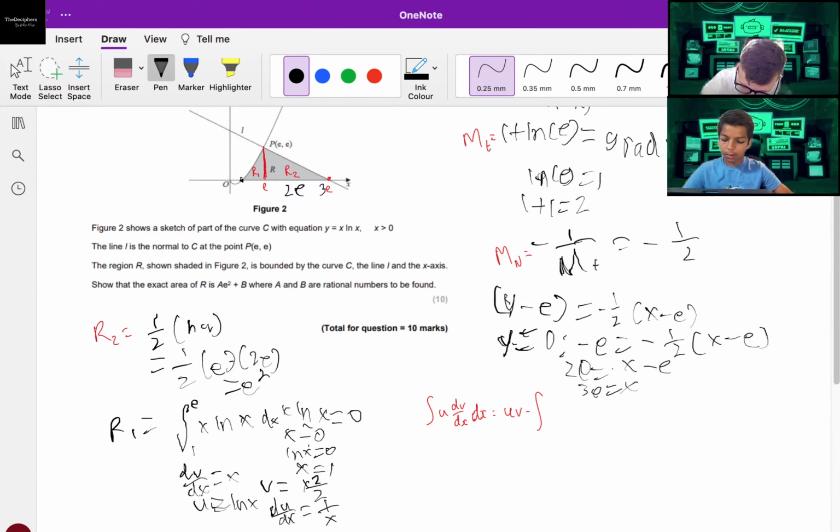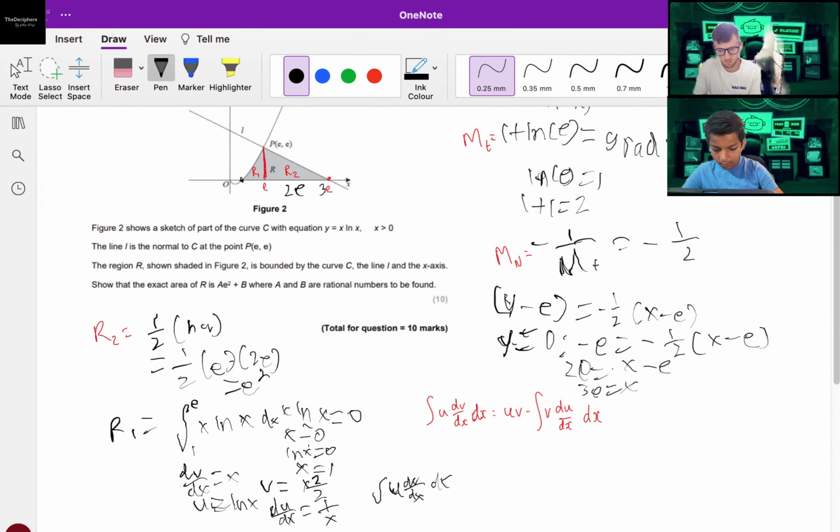So if we use the by parts formula, which I've just written down for you, it's given in the formula book, then the integral of u dv/dx is, actually I think we can just begin subbing things in. I've written the formula down, so you don't need to write it down again.